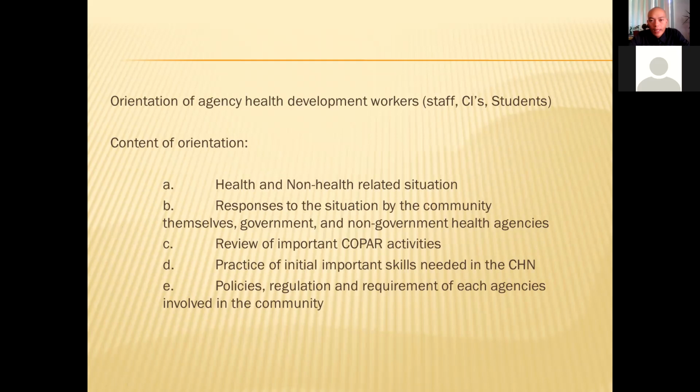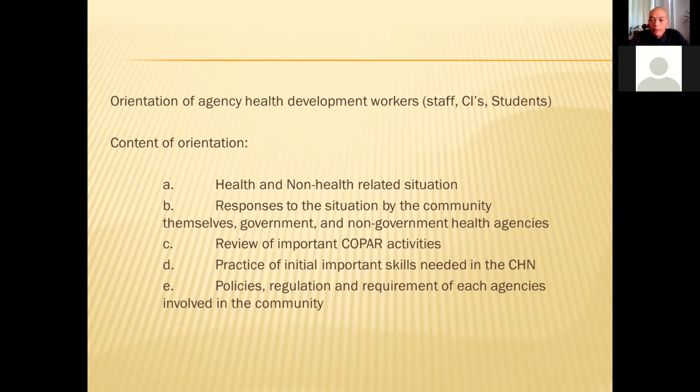Orientation of agency, health development workers, staff, CI, and students. We will have to orient the staff, the CIs, and the students about the things that you will be doing before you go into the community. What are the contents of your orientation before you go to the community? A health and non-health related situation.